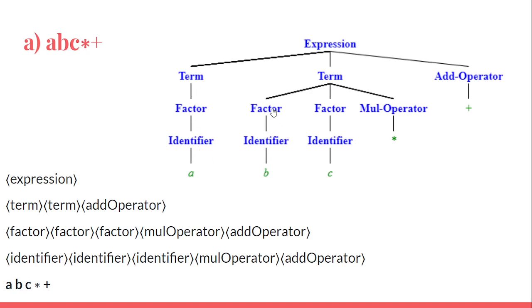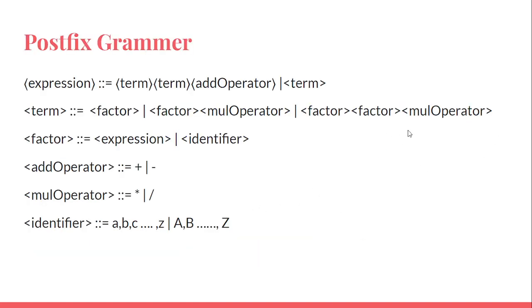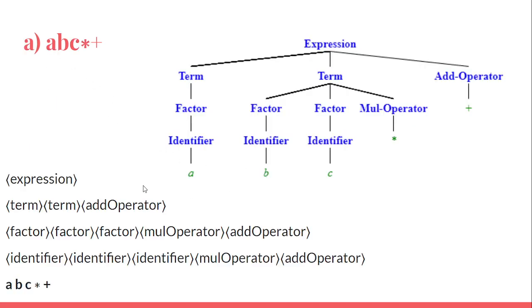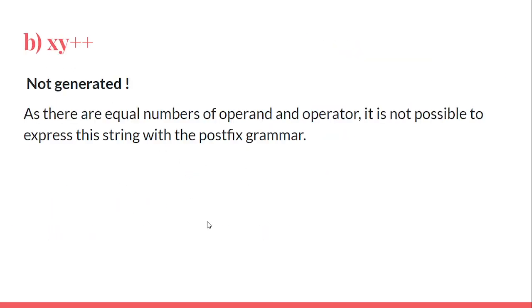The multiply operator will be replaced with a multiply, and our add operator will be replaced with a plus sign by rules 4 and 5. So it can be generated, and it is a valid postfix notation string.